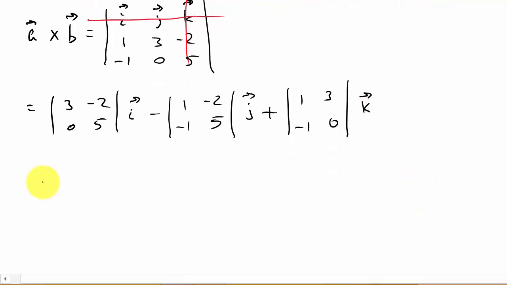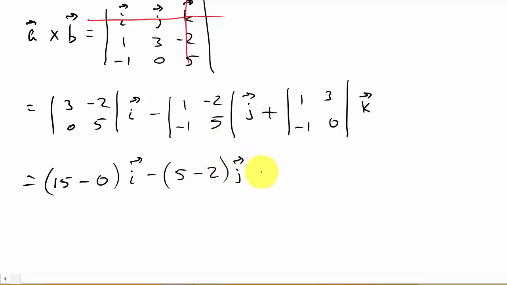Right. So now let's calculate the determinants here. So we've got 3 times 5, so that's 15, minus negative 2 times 0 is 0, times vector I, minus, all right, so now we've got 1 times 5 is 5, minus negative 2 times negative 1 is 2, positive 2.